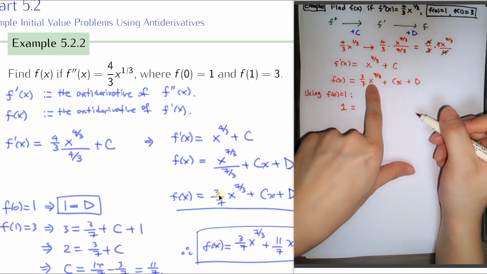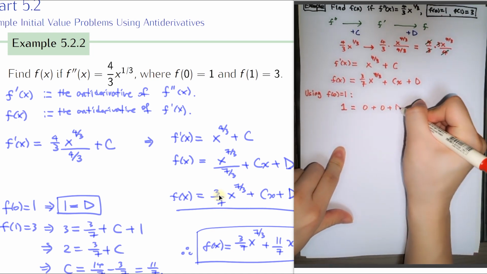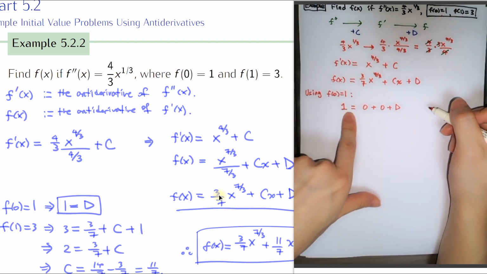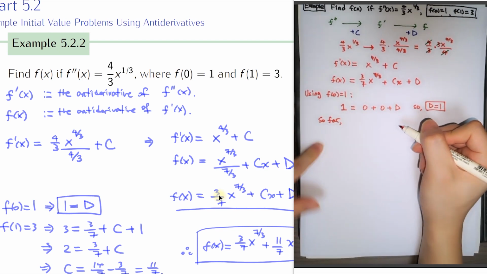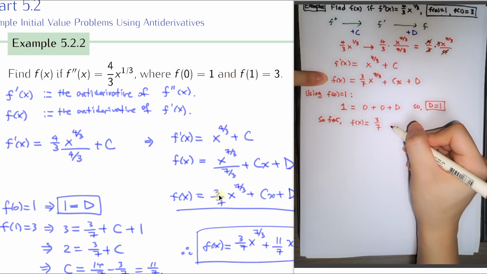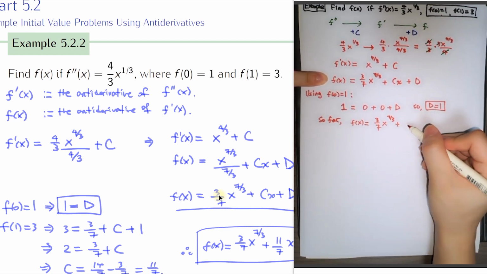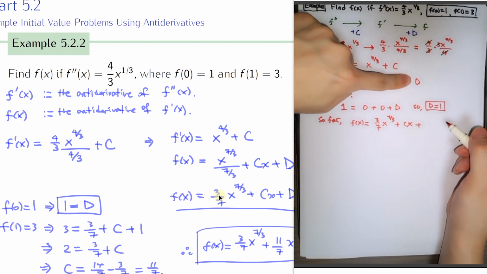So 0 plus 0 plus d becomes, the answer for d becomes 1. Now, so far, our f of x looks like 3 over 7 x to the power of 7 over 3 plus c times x plus d, which is equal to 1.